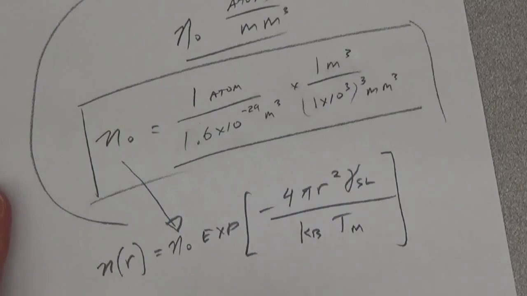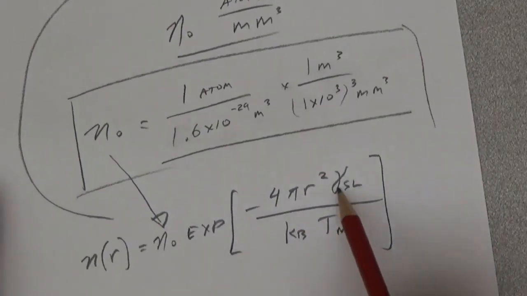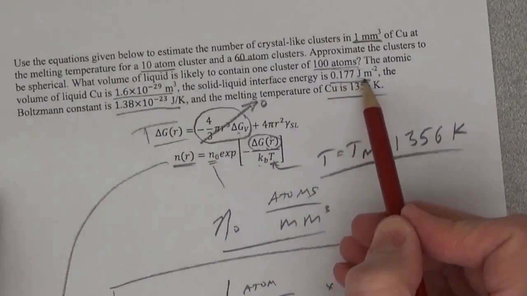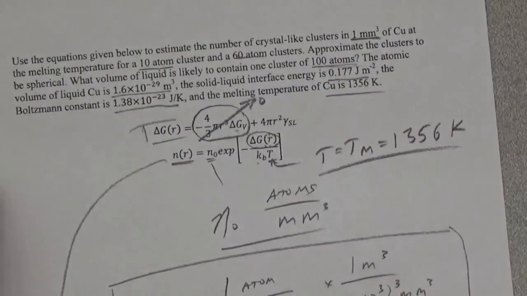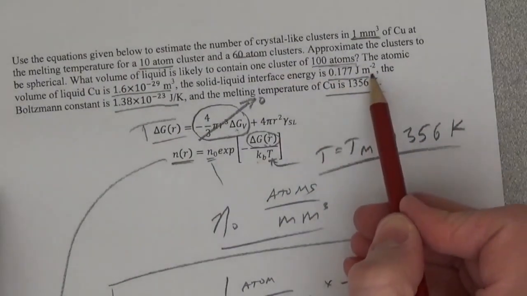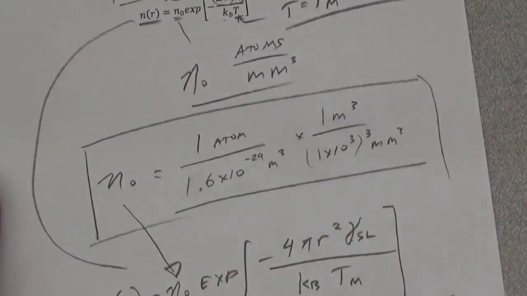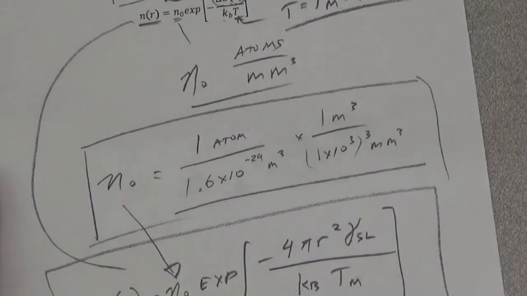For this, we know gamma SL is 0.177 joule per meter squared. We have the Boltzmann constant, and basically we have everything we need for that.